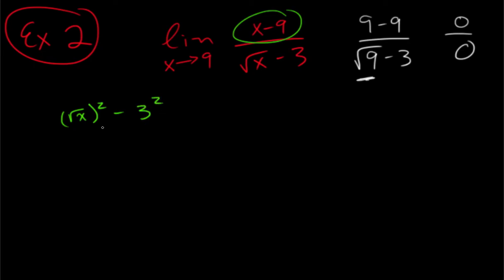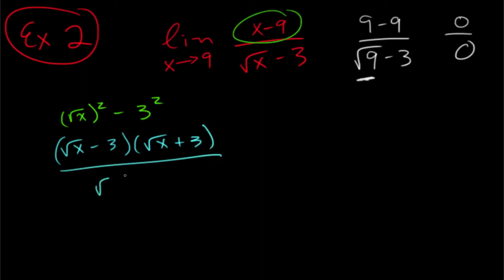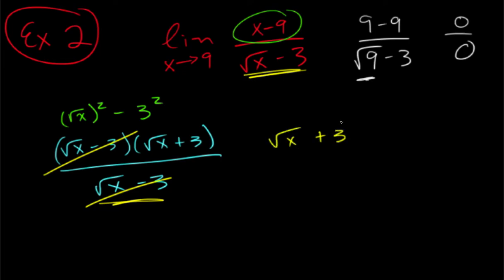Then we can say the square root of x minus 3 times the square root of x plus 3, and we have the square root of x minus 3 on the bottom still from here. These cancel, and then we have the square root of x plus 3. Now we can apply that limit, and this function will have the same behavior as the original one.